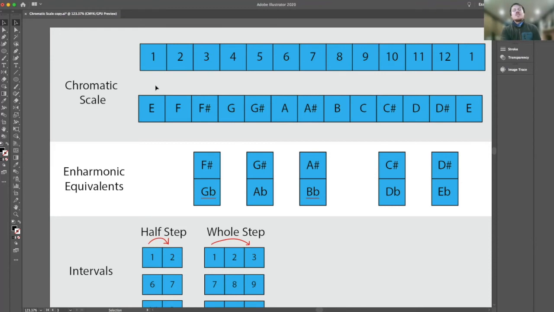So all you need to do is memorize the chromatic scale. First, let's back up and say that the letters of the musical scale go in the sequence of the alphabet and they repeat. So it's A, B, C, D, E, F, G, and then it repeats back to A. Again, you can start the chromatic scale at any letter.